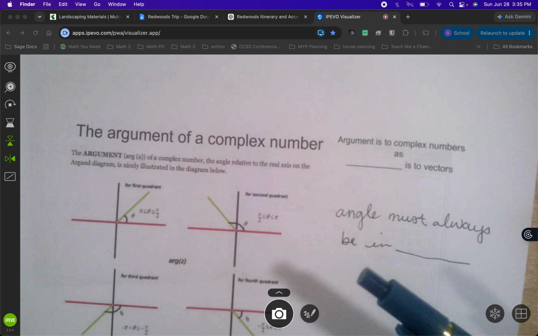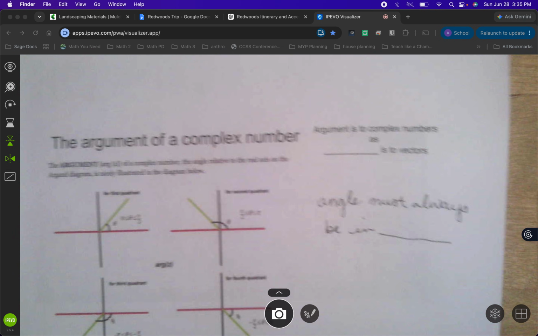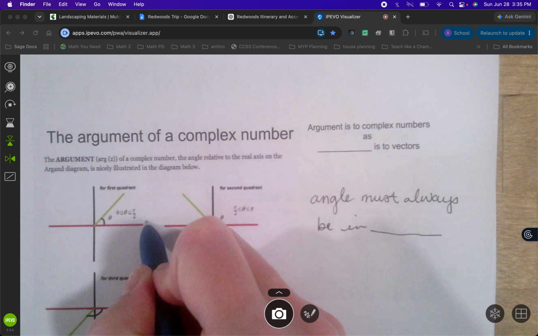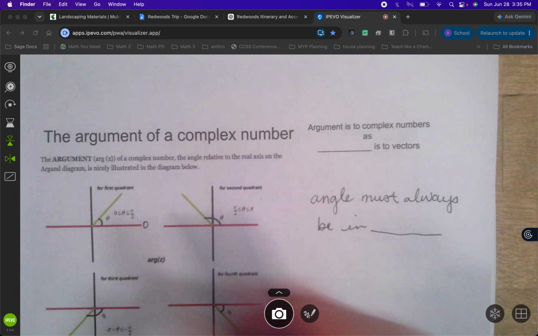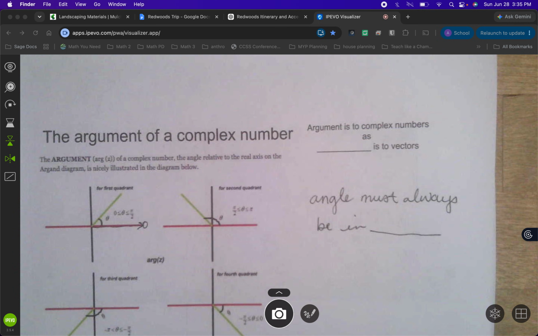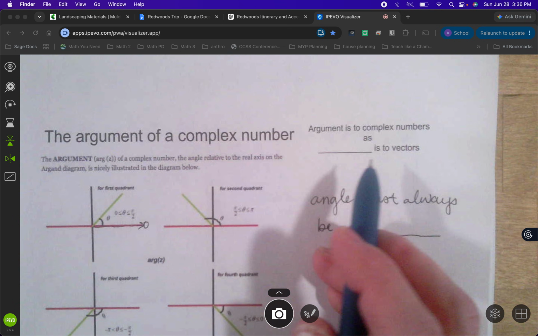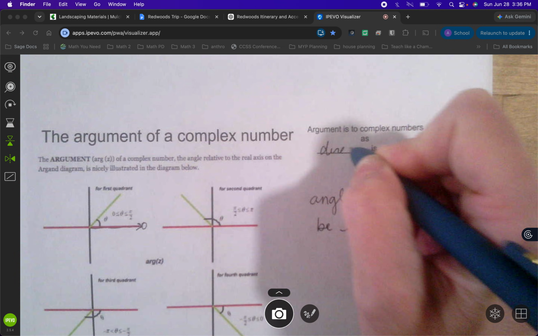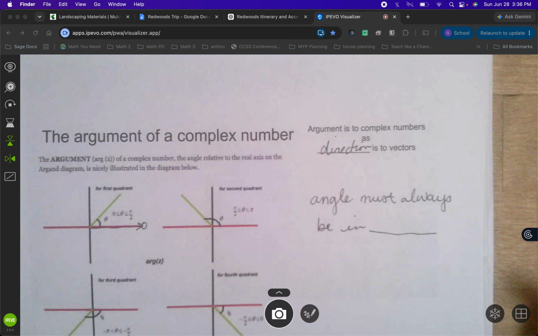The other thing we talk about is argument, and argument is just talking about the angle of rotation. So how far is it from 0, which is always this starting line here. It's the same thing with vectors. It's how far it is from that component. So argument is to complex numbers as direction is to vectors.